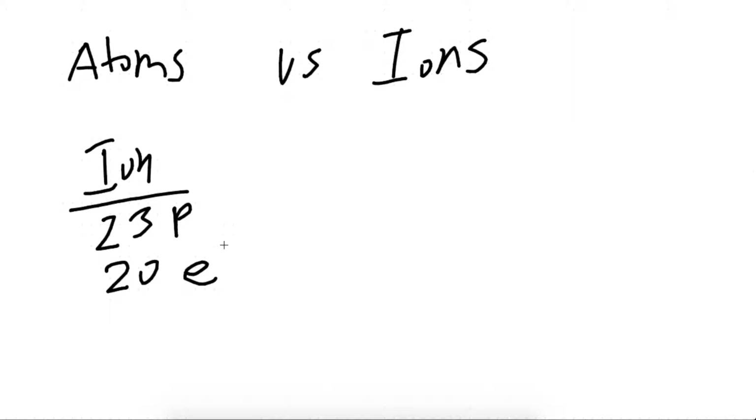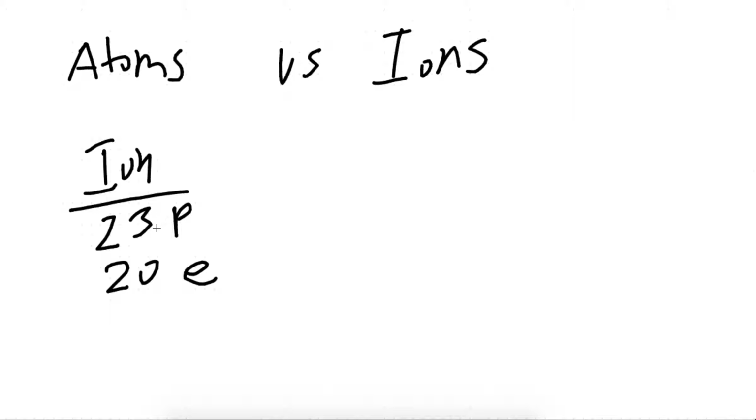Now, the thing about atoms versus ions is that in atoms, the number of protons and the number of electrons are equal. In ions, though, this is not the case. The number of electrons will increase or decrease depending on the charge of the ion, but the protons will be the same.